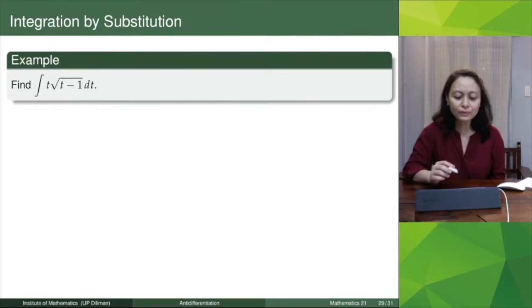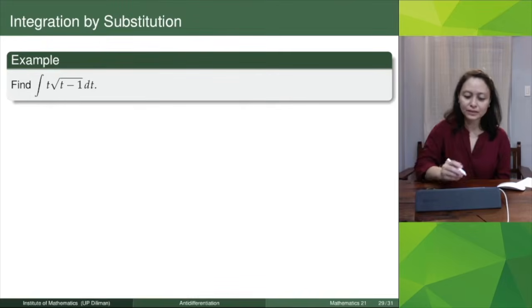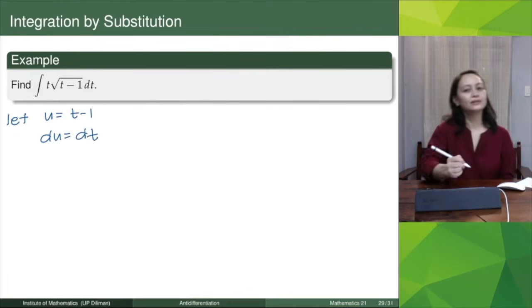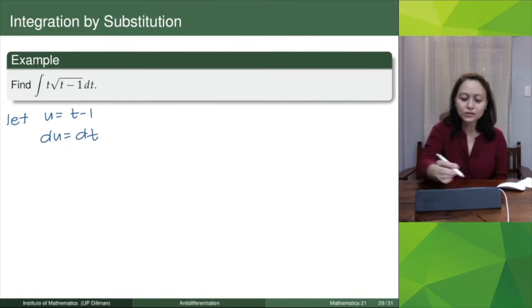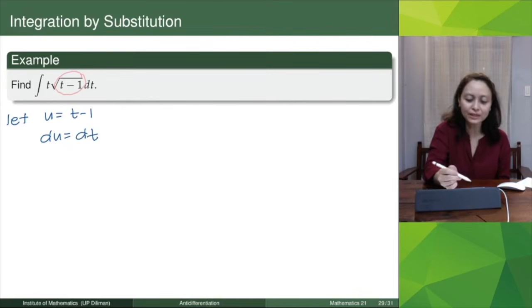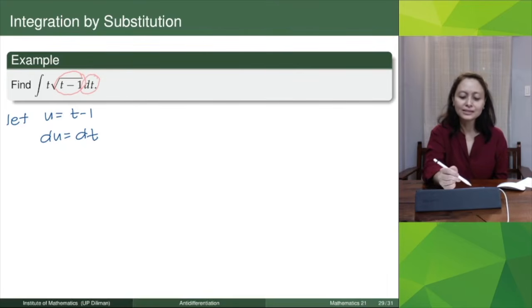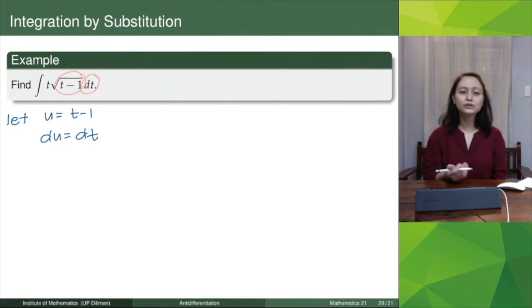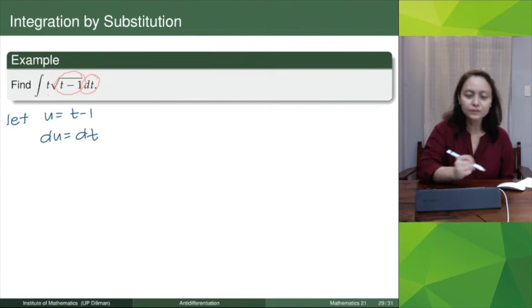Okay, so here we want to find the antiderivative of t times the square root of t minus 1. Tignan nyo to ha. If I let u be equal to t minus 1, du is equal to dt. Simple lang. Diba? So, yung square root of t minus 1, ano yan? U raised to 1/2. Yung dt is du. Ang problema, may naiwan pa na t. We should be able to express this t in terms of u.